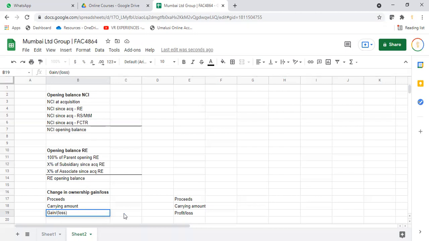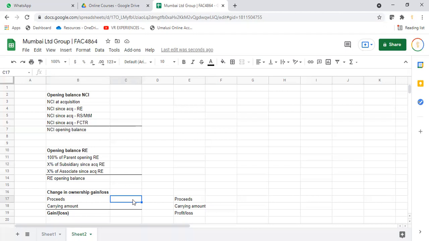The only difference over here is the following. The proceeds over here is whatever you sold it for, or whatever you paid for it. Really, I'm talking from a sale, so a decrease in ownership. The same principle, same method, we use for an increase in ownership, but I'm just talking about a decrease in ownership.